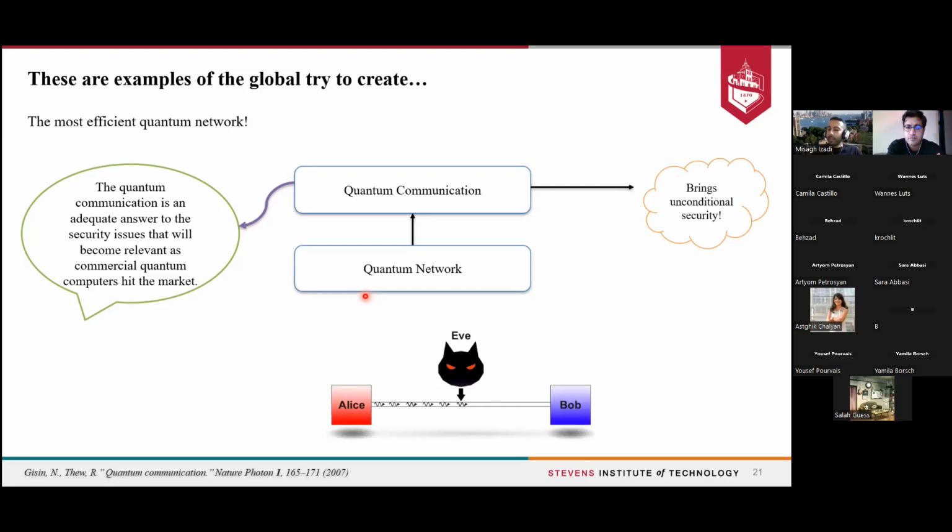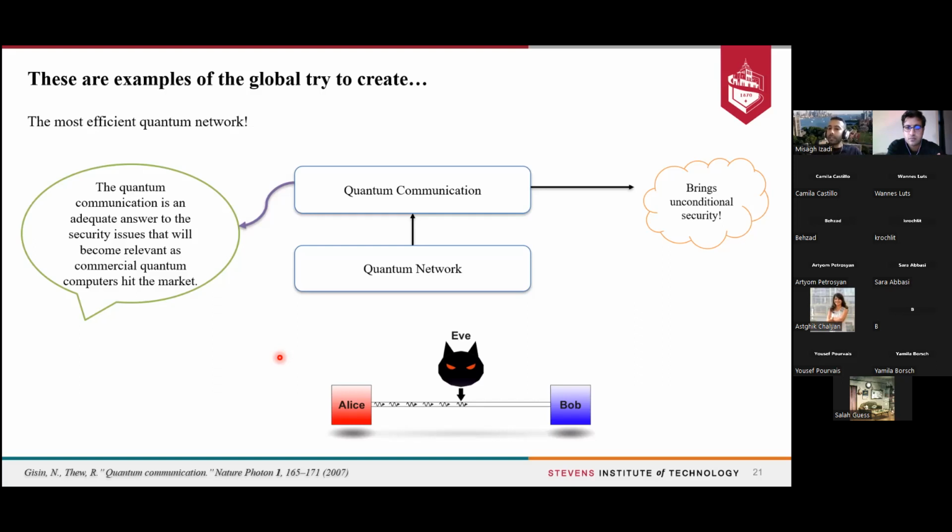As I described earlier, imagine this is the communication channel between Alice and Bob, and there's an eavesdropper here. This eavesdropper wants to see the information and what's going on in this communication channel. But your information in the quantum communication scheme is a kind of quantum system.